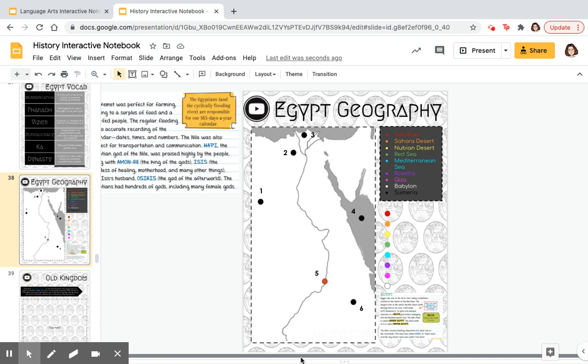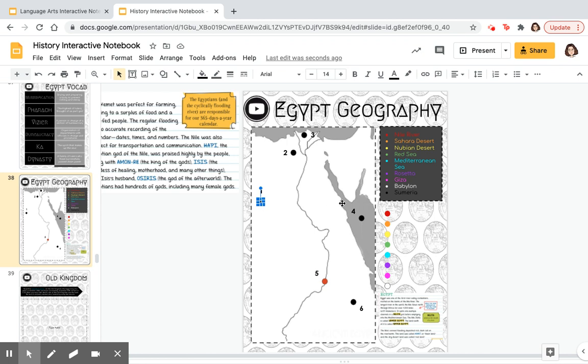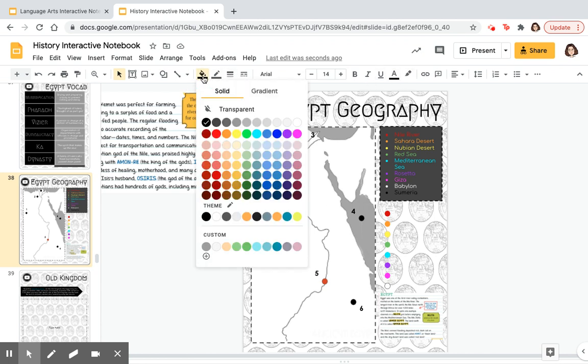Now, we are then going to talk about the Sahara Desert. Now, you might have heard of the Sahara Desert because it is an extremely popular desert. It is number 1 to the left-hand side of the Nile River.